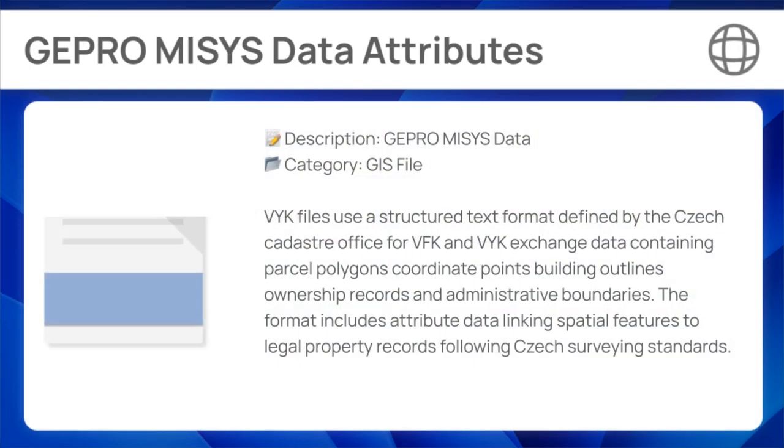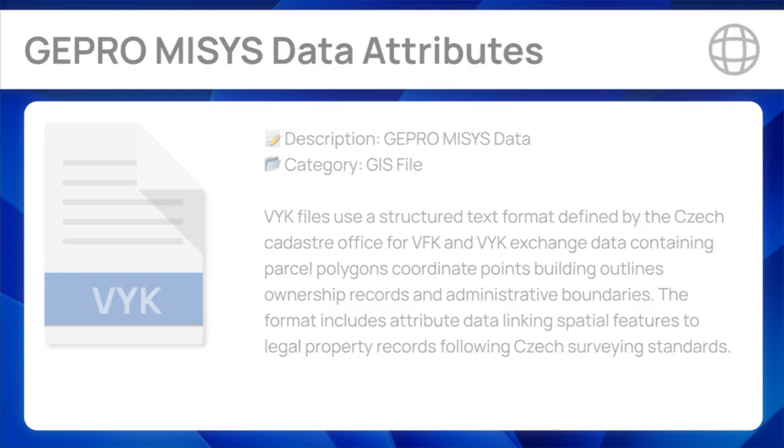VYK files use a structured text format defined by the Czech cadastre office for VFK and VYK exchange data, containing parcels, polygons, coordinate points, building outlines, ownership records, and administrative boundaries. The format includes attribute data, linking spatial features to legal property records, following Czech surveying standards.